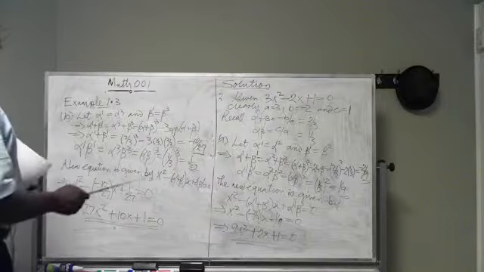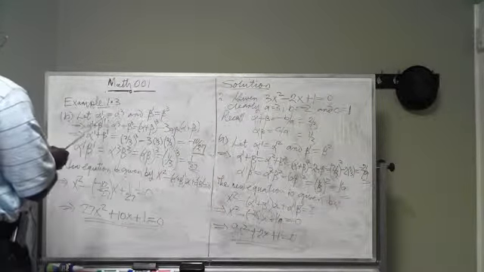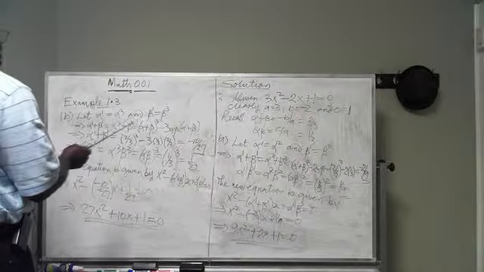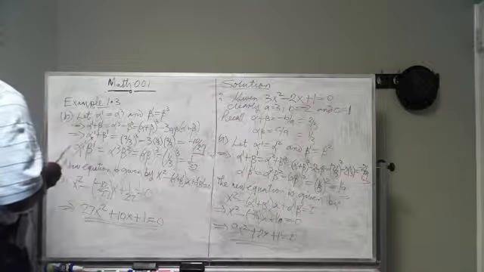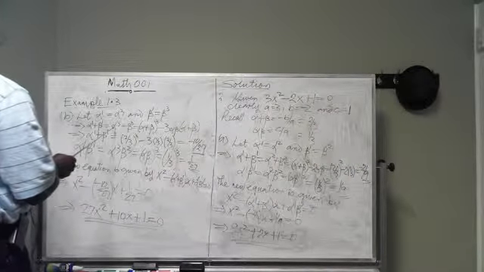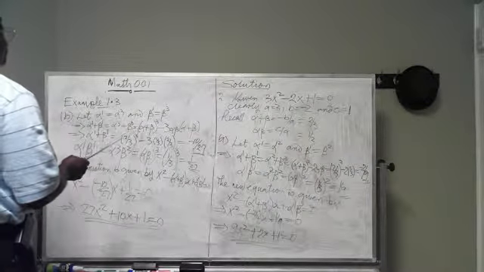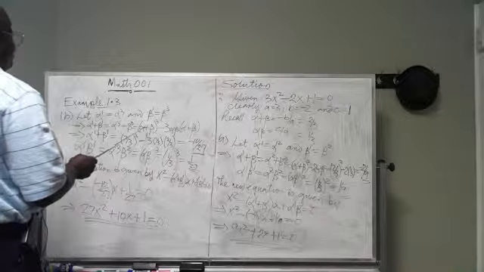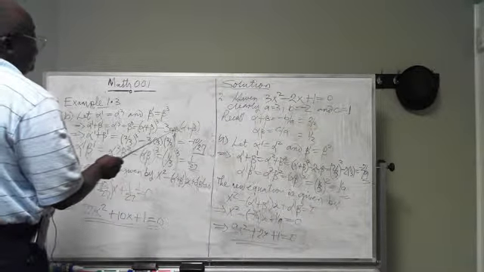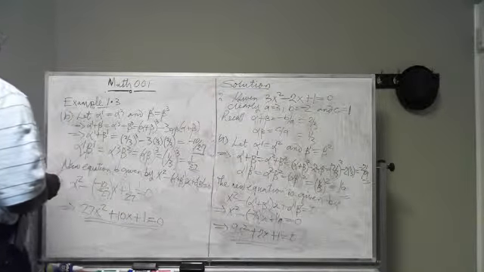Now for problem B, the same argument follows. We'll let alpha prime be equal to alpha cubed and beta prime be equal to beta cubed. This implies alpha prime plus beta prime equals alpha cubed plus beta cubed, which is equal to alpha plus beta all cubed minus 3 alpha beta into alpha plus beta.